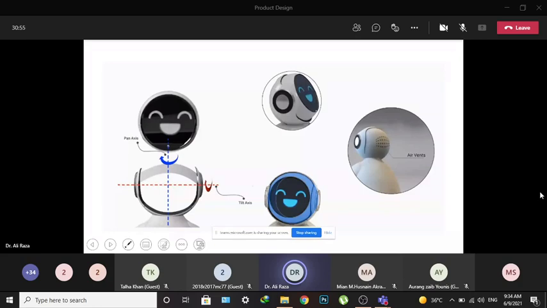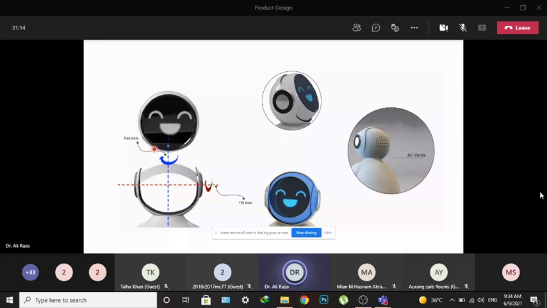So you can have the tilt axis in front of you, which allows the robot to look up and down, and the pan axis, which allows the robot to look sideways. From left to right, it can swivel around this axis.